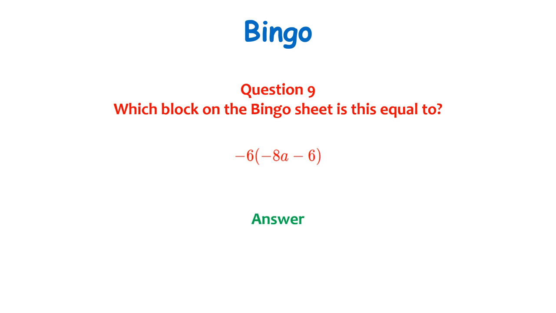Minus 6 times minus 8a, that should be minus 48. And then the negative 6, negative, that's 36. And then there we go, minus 6a squared minus 9a.